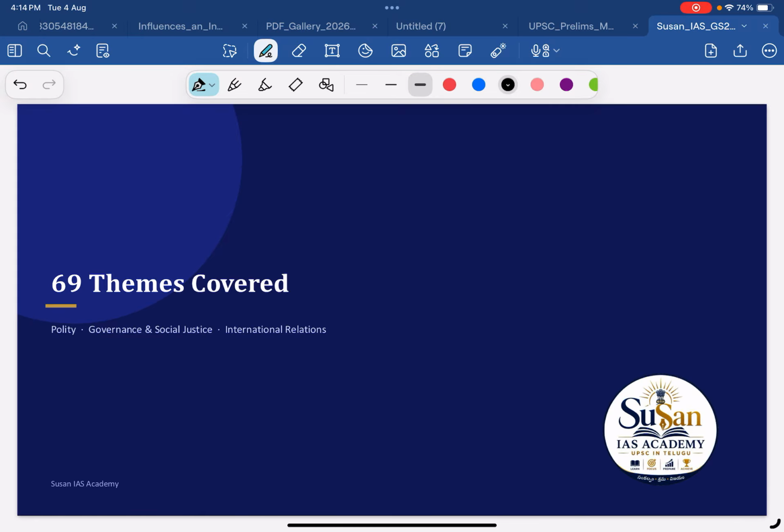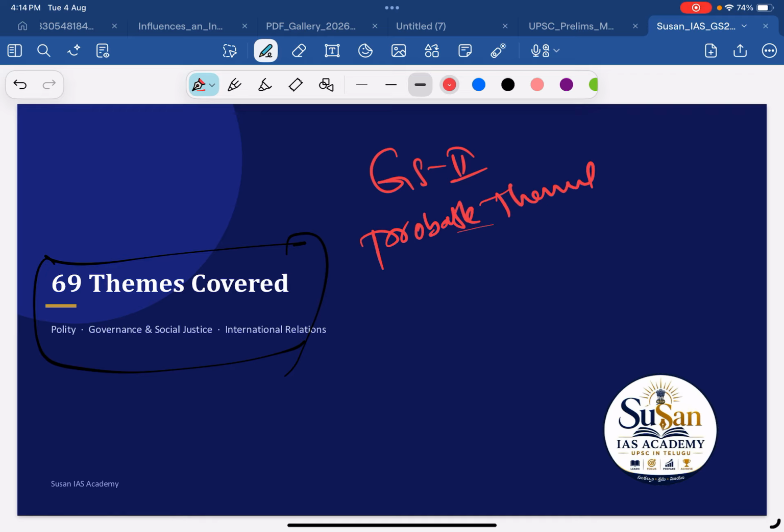So totally we have covered 69 themes in this entire GS2 probable themes. One can refer to these 69 themes across three different parts: polity, governance and social justice, and international relations.